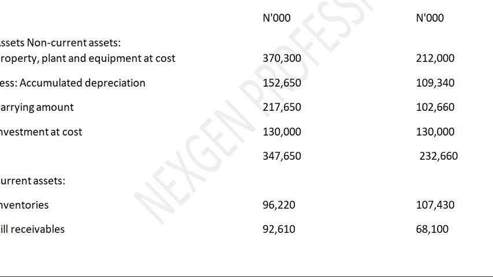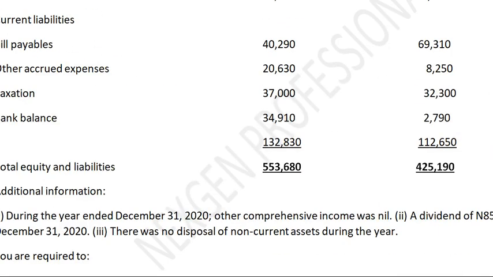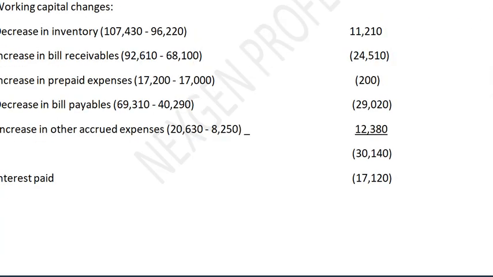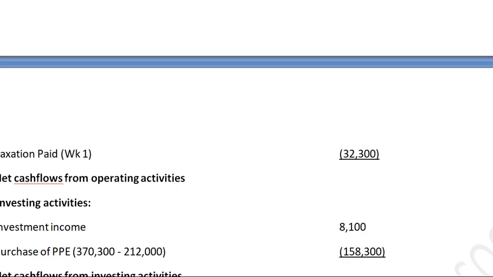Oh yeah, now we have 149,90. One 14,990. Okay, 1,414,990. And here we have 158,300. What?